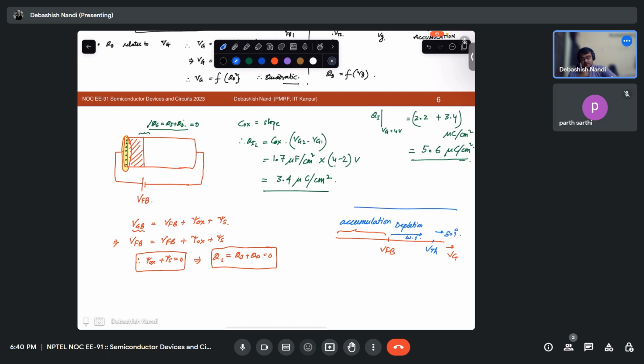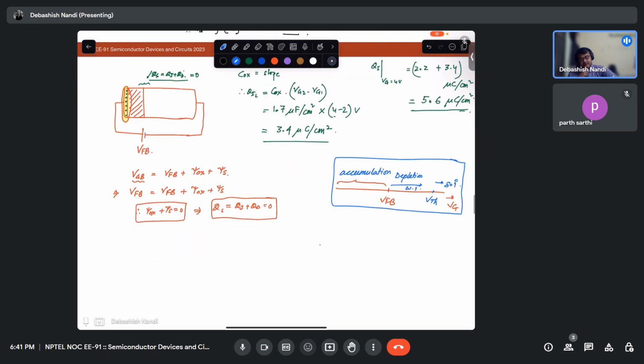Okay, and if I do the same thing with psi s, at VFB it translates to 0, okay, and VTH translates to 2 phi f. So this is accumulation, this is depletion, weak inversion, this is your strong inversion. Okay, so psi s is negative in accumulation.